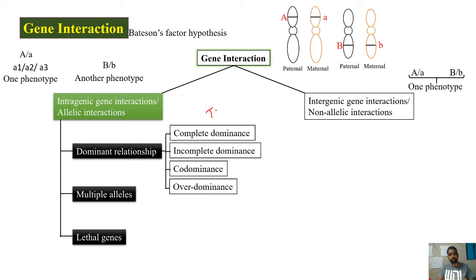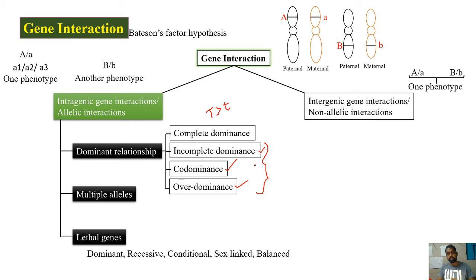This is what complete dominance means. But sometimes the dominance can be incomplete. This is what we are going to discuss in this lecture in detail. And the relationship can be codominance also, or maybe overdominance. So these are the important things that we are going to see in this lecture particularly.